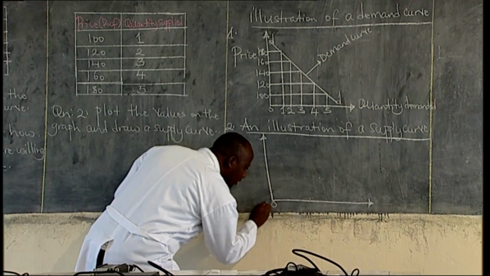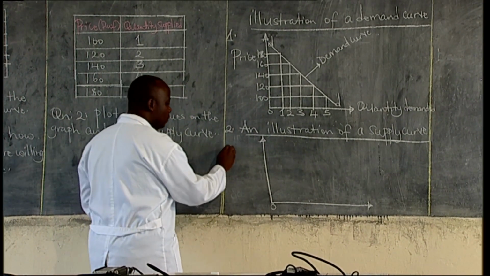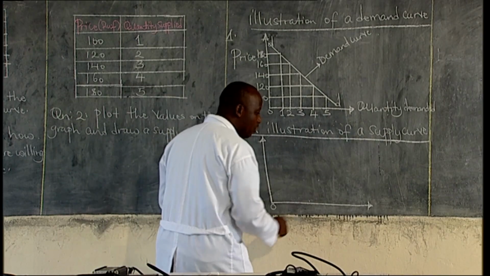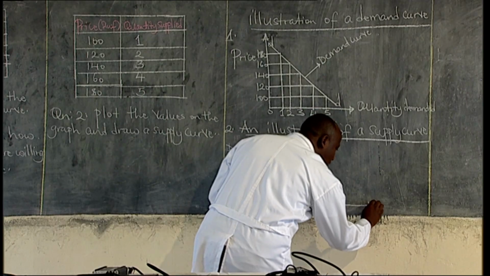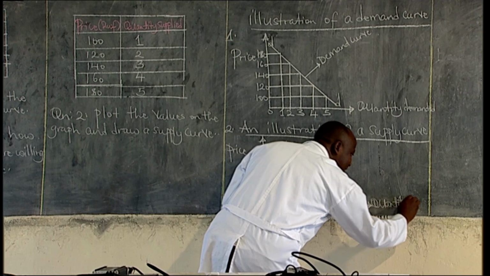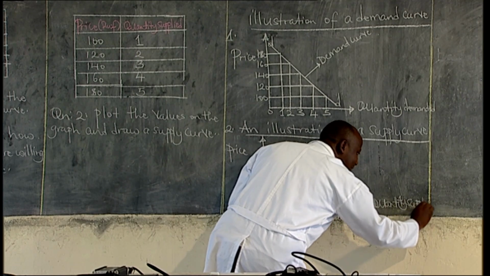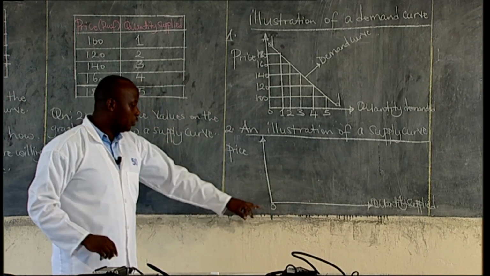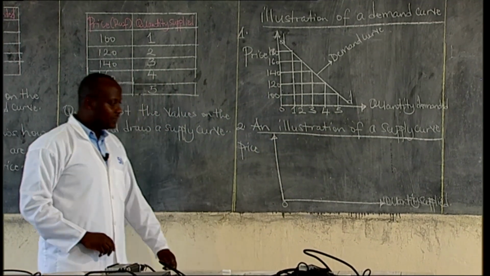This is the origin. On the vertical axis, we indicate price. And on the horizontal axis, we indicate quantity supplied. Quantity supplied is the amount that was supplied at a given price. That is what we indicate on the horizontal axis.